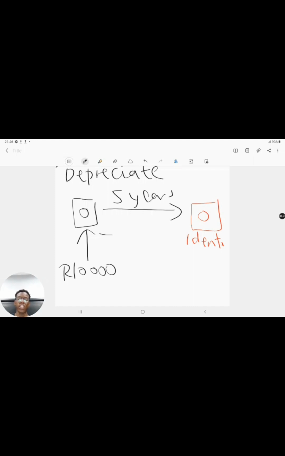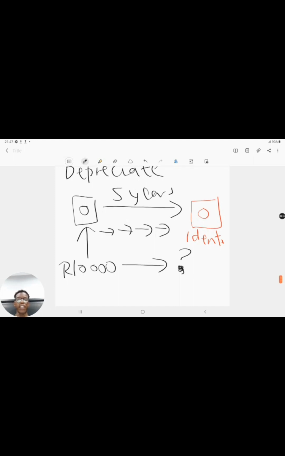As soon as you start using it and it starts depreciating, it will lose its value. Over the course of 5 years, it will lose its value, and after 5 years you will want to sell it for some value so that you can use the money.